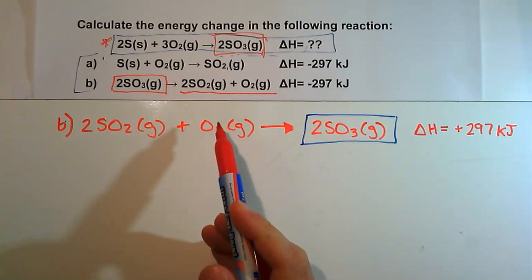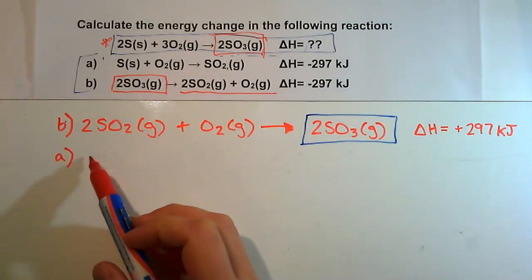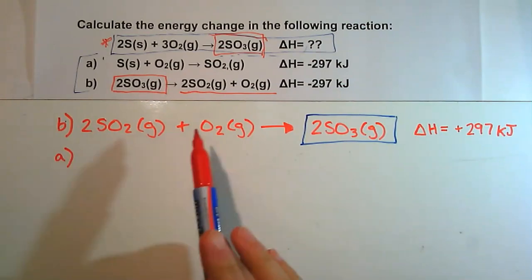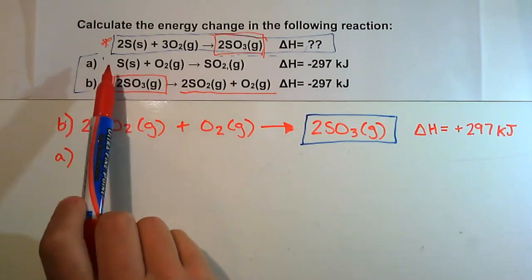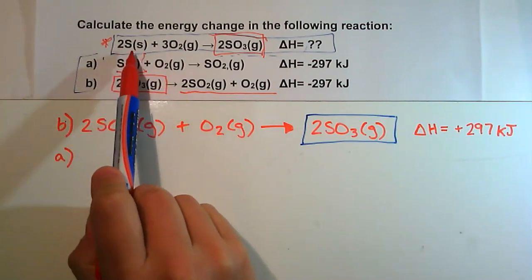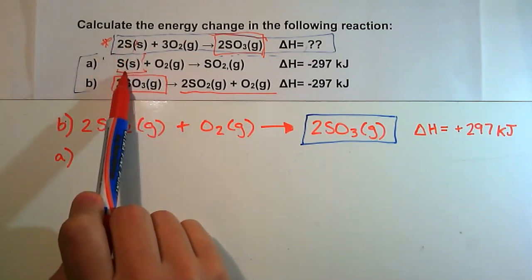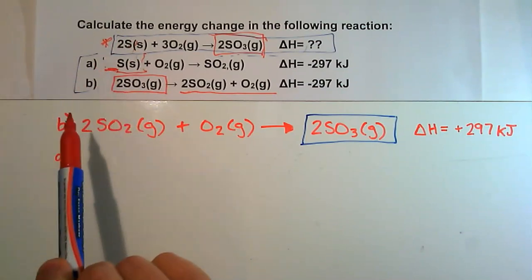Okay, so then I'm looking at reaction A. That's the only thing I have left to work with, so I know I'm going to make some manipulation to reaction A. The thing that I notice about reaction A is that the solid sulfur is on the correct side. It matches my target equation, but there's not the right number of sulfurs.